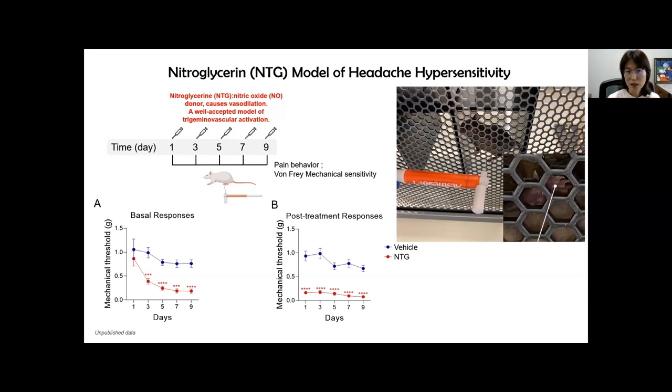People treat with NTG, and because of the vasodilator effect, the heart burden is reduced. But all of these patients complained about headache as a side effect. So scientists caught on, and we use NTG as a headache model and confirmed that this is a good headache model by treating with headache medicine. Migraine medicine or cluster headache medicine actually relieves this pain.